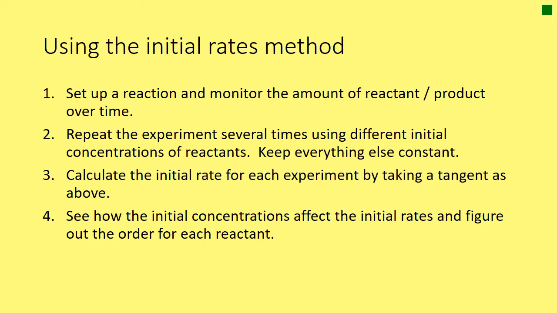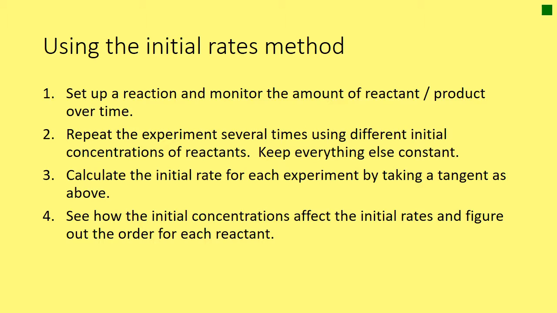But each time we will use a different initial concentration of one of the reactants. And note that everything else needs to stay constant, because what we want to do is look at the change in an initial concentration of one of the reactants and see what happens to the rate. And then we can do the same for the other reactants.